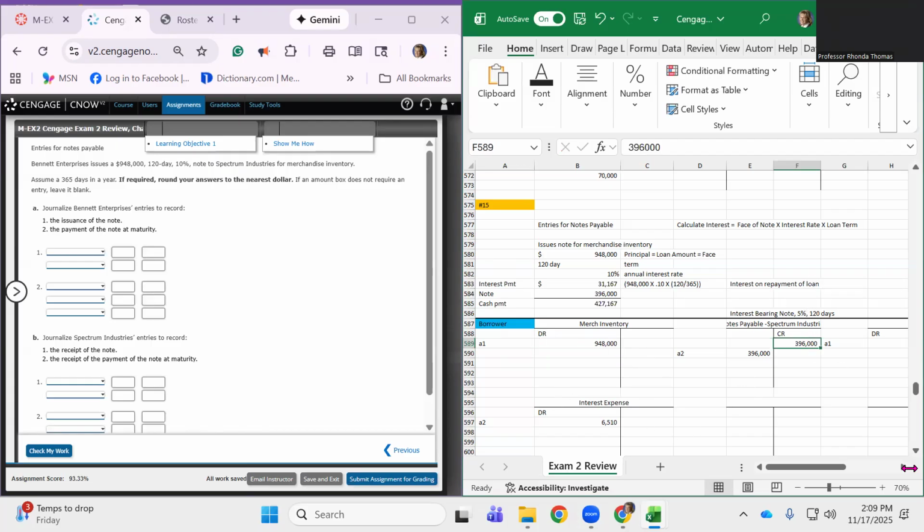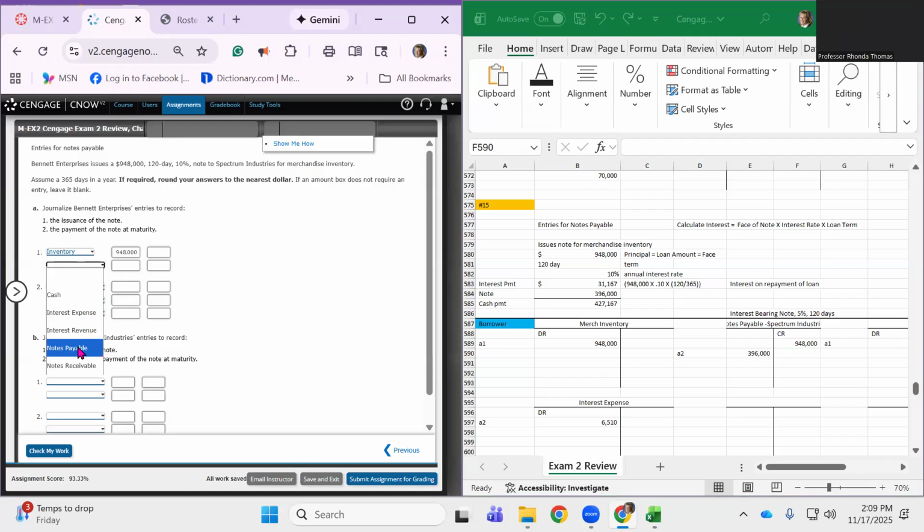And then the note, 948,000. So that's issuing the note, but he got inventory for it instead. And the face of the note always goes in the note payable.